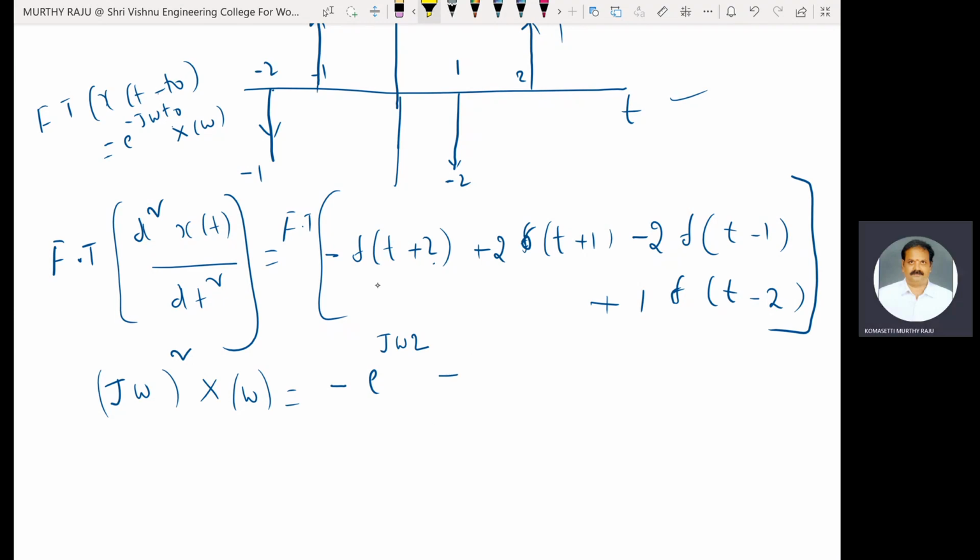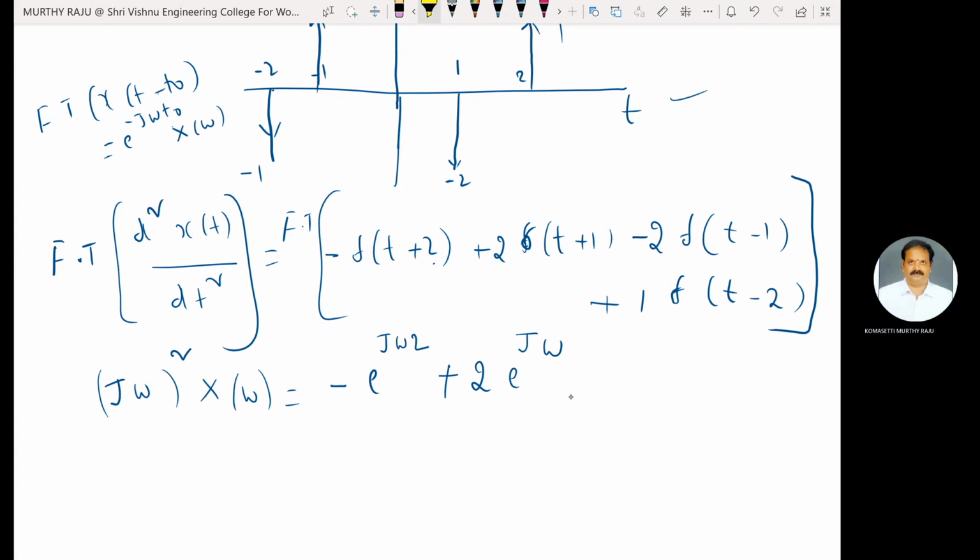And the Fourier transform of delta of t, the Dirac delta function, is 1. Here plus 2 into e power j omega.